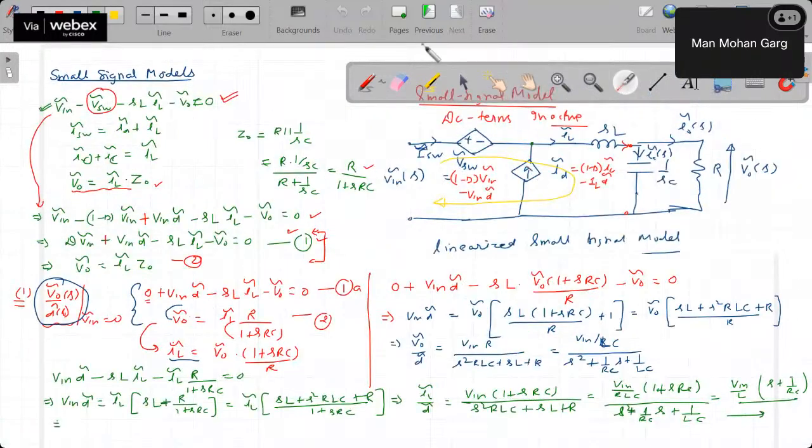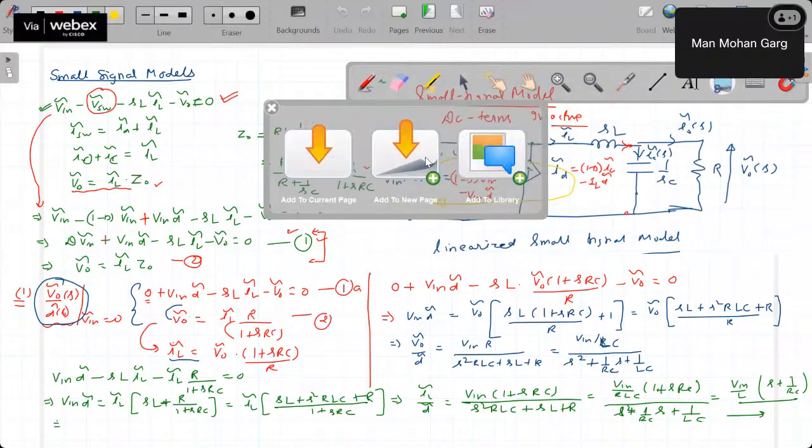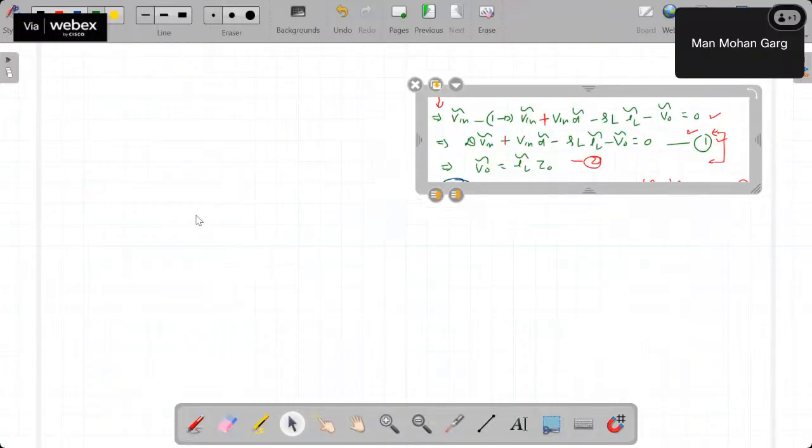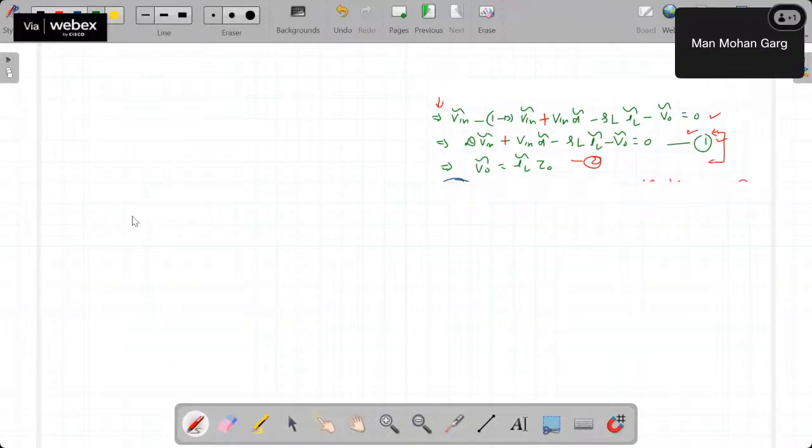Now if we want to get the second, V naught upon V in, then we have to set D to be 0, right? Let me see this equation on the new page.